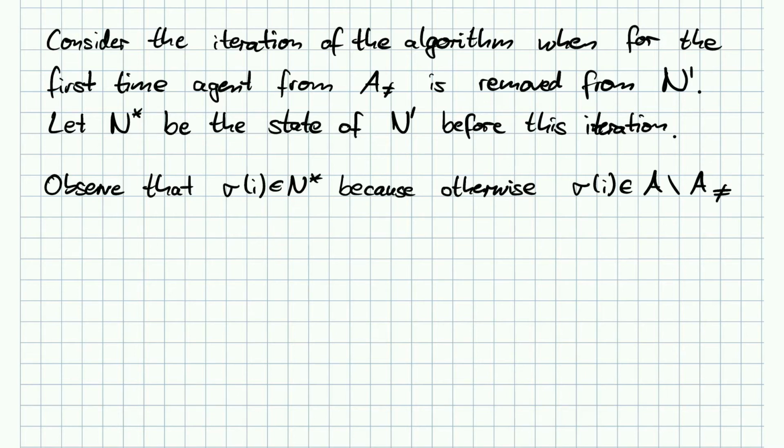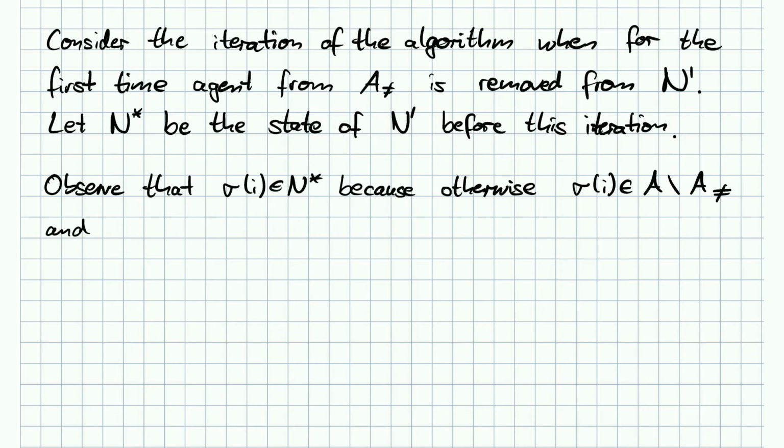Because sigma of I is in the set A. All of A unequal is still contained in n star, so this would have to be outside A unequal. And what would that mean then?